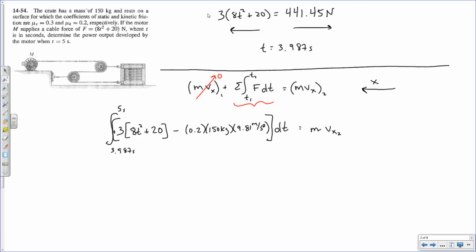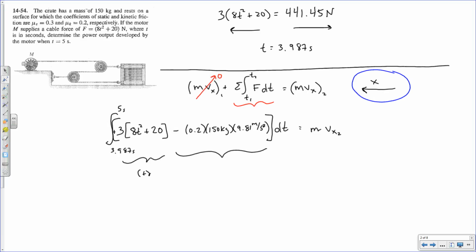Notice that I had to be careful with my signs. This first term in the integral is the impulse from the force pointing towards the left. This is the force from the motor itself that's pulling on the cable. We have 3 times that force pointing towards the left. This is a positive impulse based off of our definition of the positive direction for the linear impulse momentum equation.